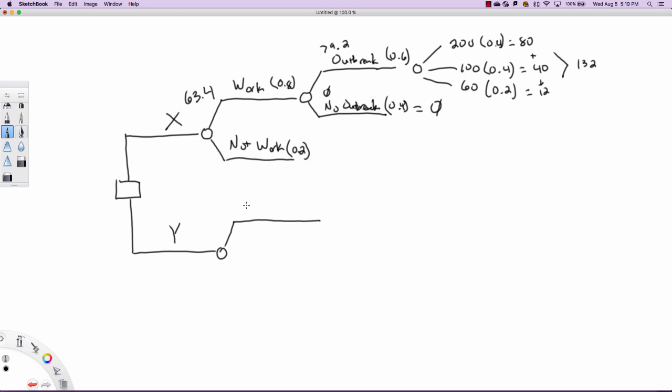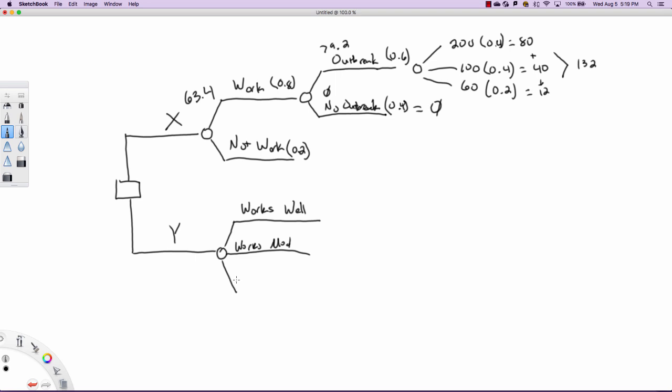So first possibility is that it works, but it works really well. The drug works really well. Second possibility right here is that it works, right, drug Y works, but just moderately well. That's an M. Just moderately well.